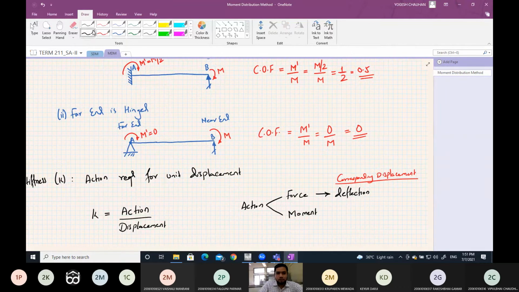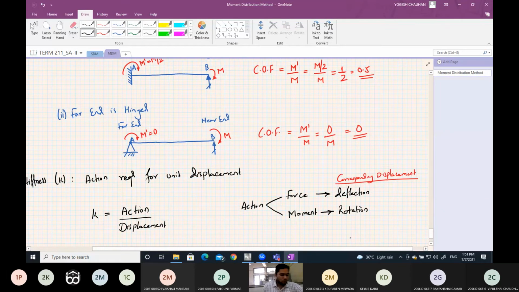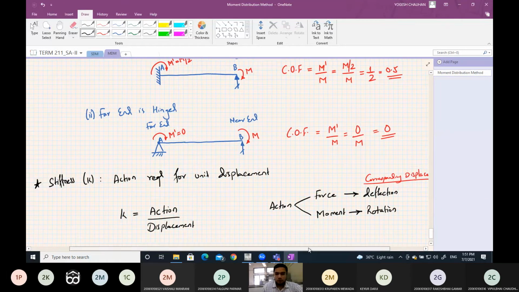And if the action is in terms of moment, then the corresponding displacement will be rotation. Okay.